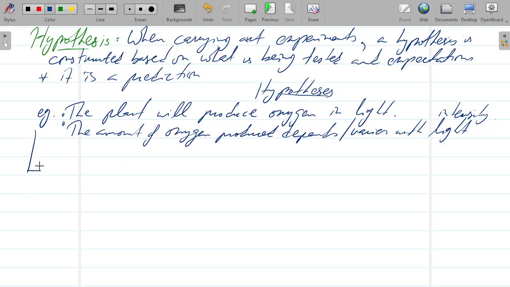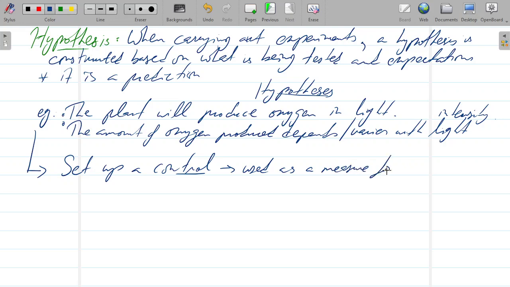With that, when you're conducting an experiment, you set up a control. A control is a setup of an experiment where you are depriving the setup of what you are testing. So it is used as a measure for experimental results. What does that mean?